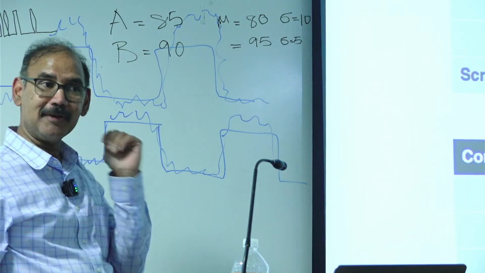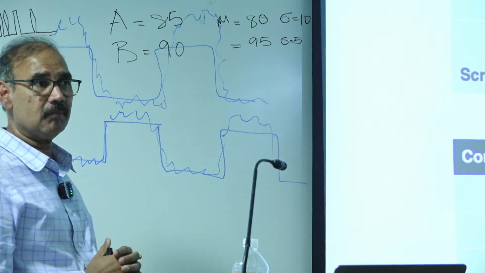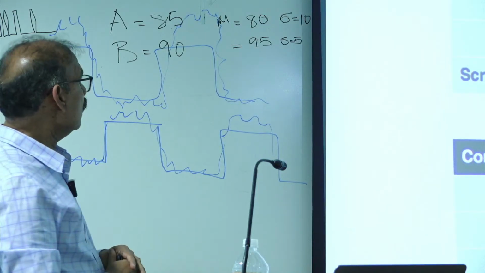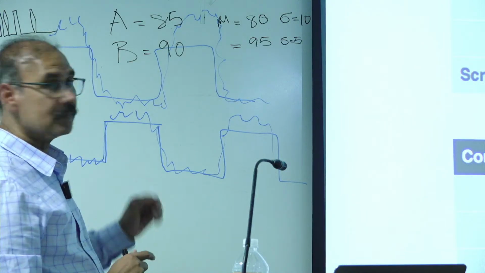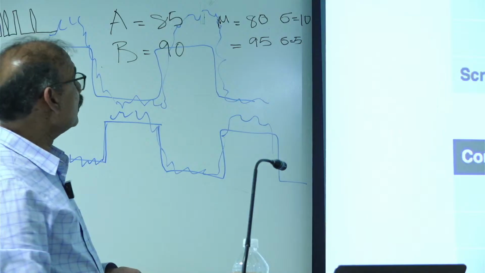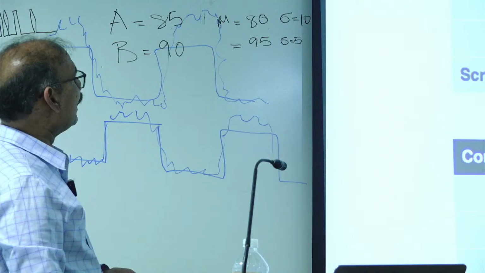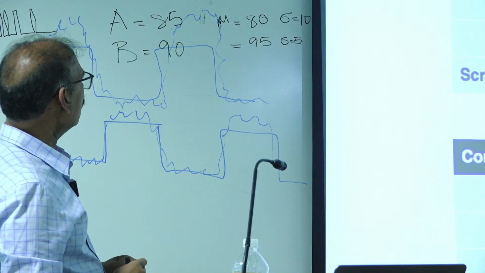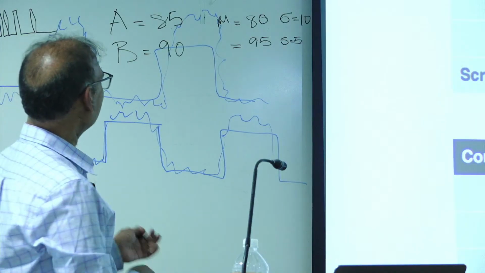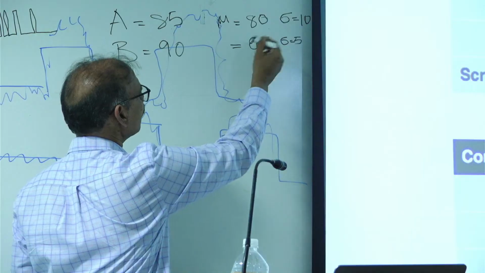Can you now tell who is a better student or who did better in the exam? So the mean is 80, the variance is 10. The mean is 90. Okay, no, let's make it 80.